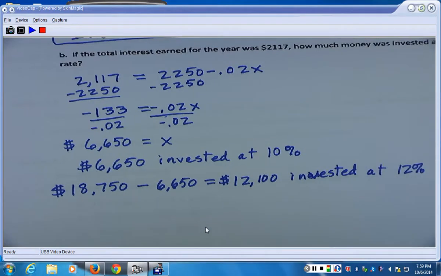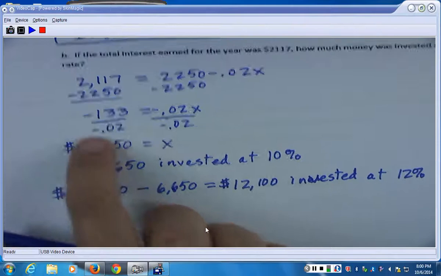Okay, so yeah, this is out of date. You don't get those kind of interest rates anymore. x is 6,650, and so that's not the answer to the question. They wanted how much money was invested at each rate.